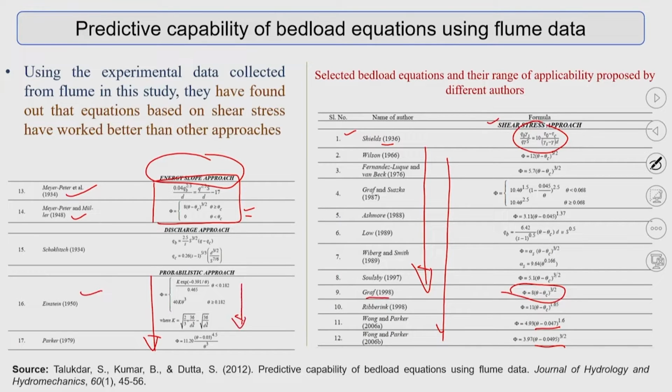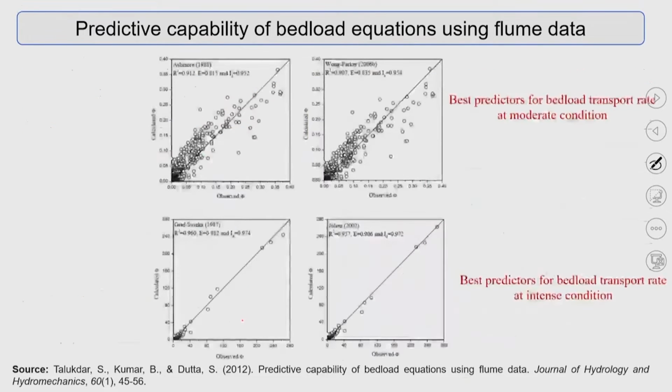We are not going into much detail on that, but there are so many equations here, as listed, 17 bed load equations. The point is which one has better predictability. What we tried to do was implement all these equations and look at them for two categories: moderate conditions and intense conditions.